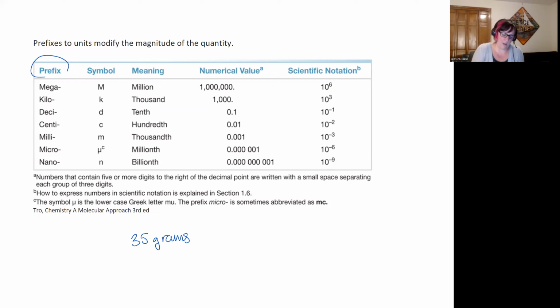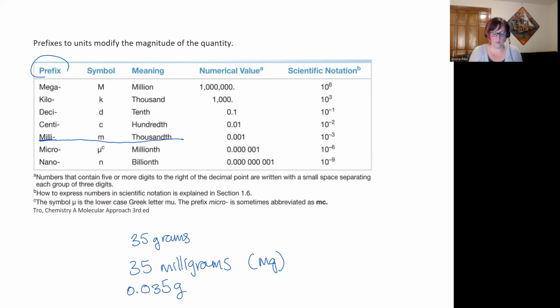Maybe it would be 35 milligrams, abbreviated mg. A milligram is going to be 1,000th of a gram. So 35 milligrams would really be only 0.035 grams, because each one of those milligrams is just 1,000th of a gram.